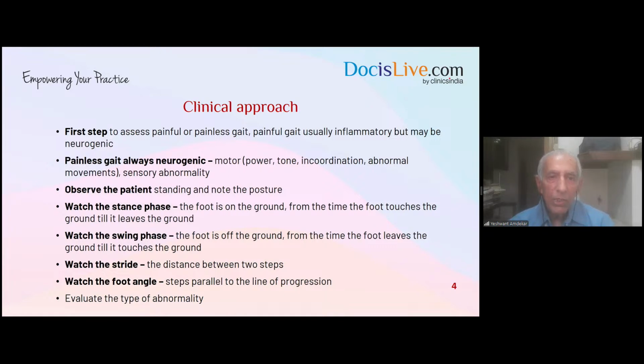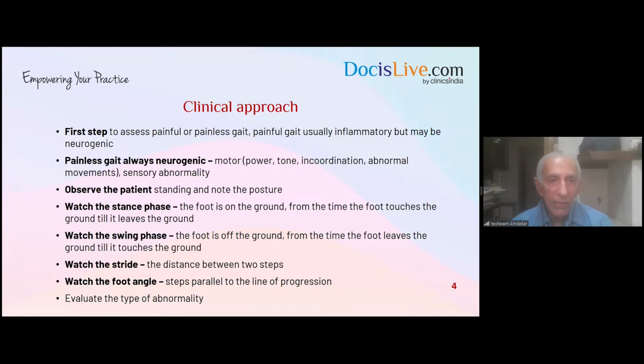But a motor system comes commonly with loss of power or sometimes only the loss of tone, but also incoordination, like ataxia in cerebellar or posterior column disorders, and abnormal movements like tremors or many others. And we did one session on abnormal movements.